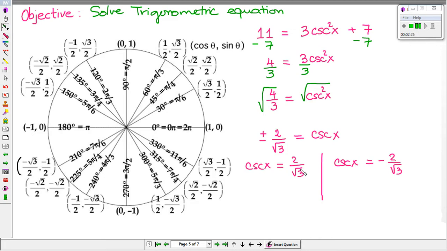Now since we cannot have square roots in our denominator, we can rationalize the denominator by multiplying by square root of 3 to both denominator and numerator. We'll do the same for the second equation on the right hand side.